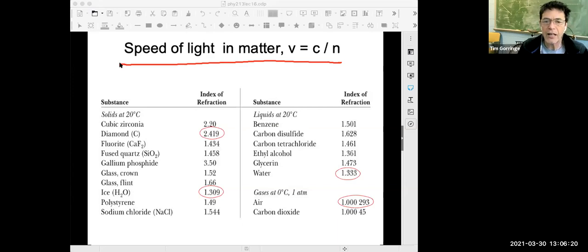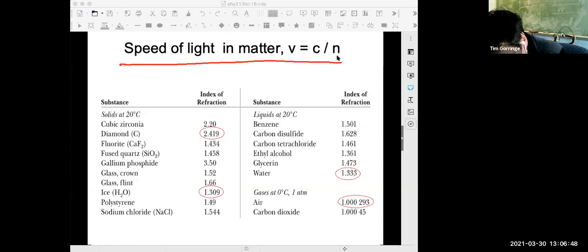The speed of light in matter, so that could be the speed of light in air, in water, or in diamond, is smaller than the speed of light in vacuum. The degree by which it's smaller is the refractive index n of that particular material.